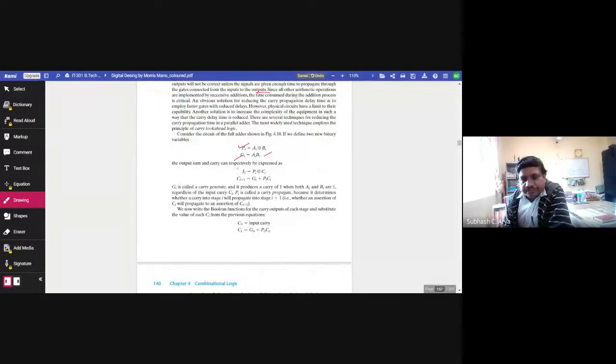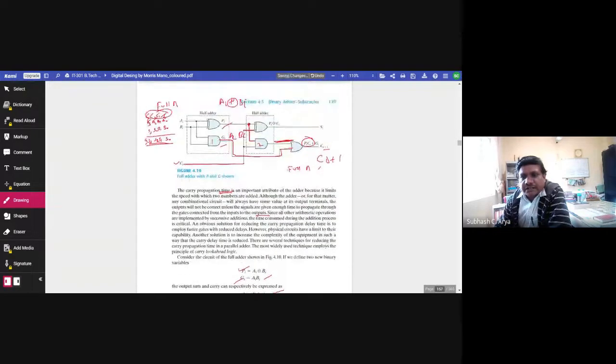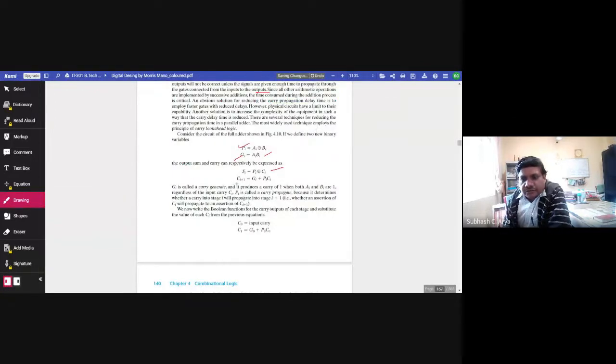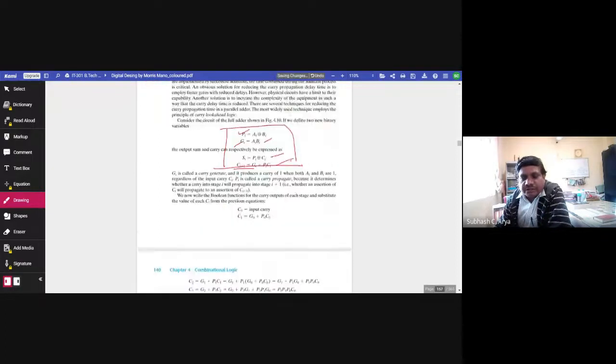And the final sum S is equal to Pi exclusive OR Ci. This is written here. And Ci plus 1 is equal to Gi plus Pi Ci. I think this is the equation which we are getting from figure 4.10.